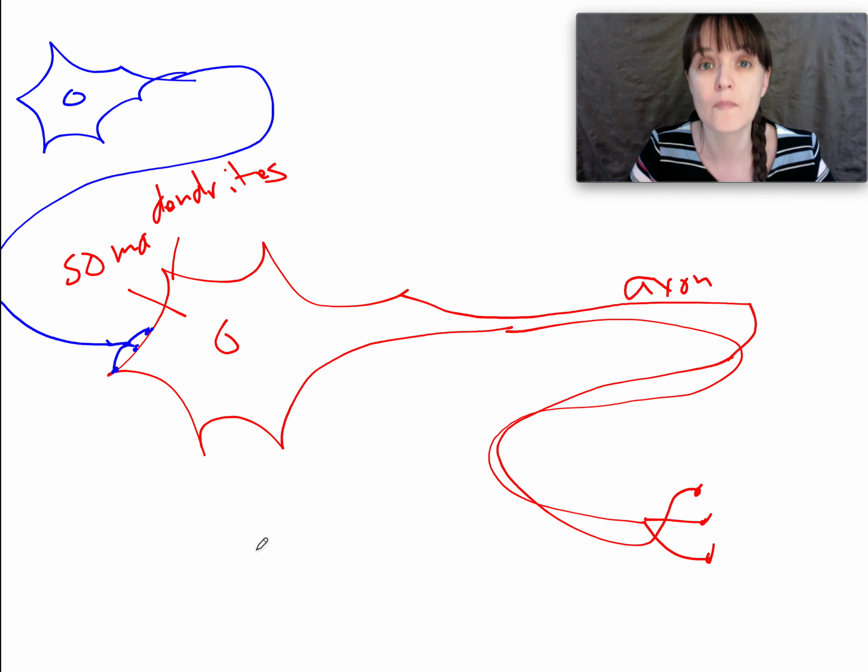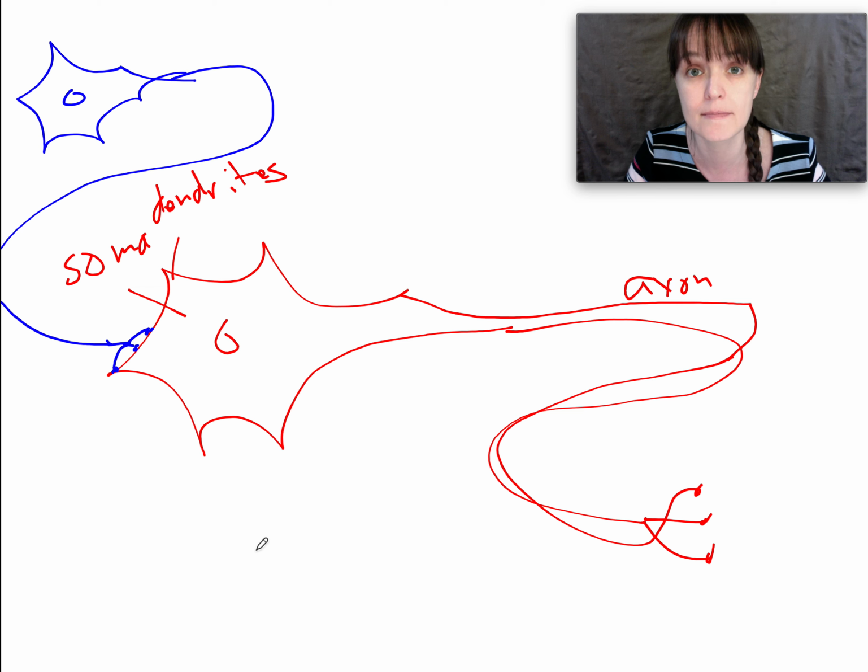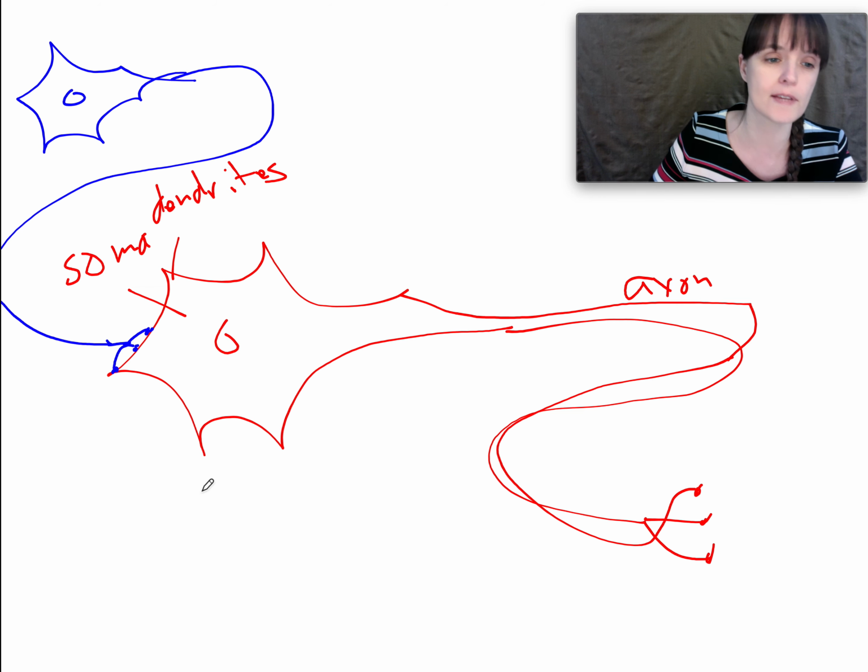So our red neuron is the postsynaptic cell. The blue neuron is the presynaptic cell. And the synaptic cleft will be the gap that I did not draw between the synaptic knobs of the blue neuron and the soma and dendrites of the red neuron. Give you a second for that to sink in.